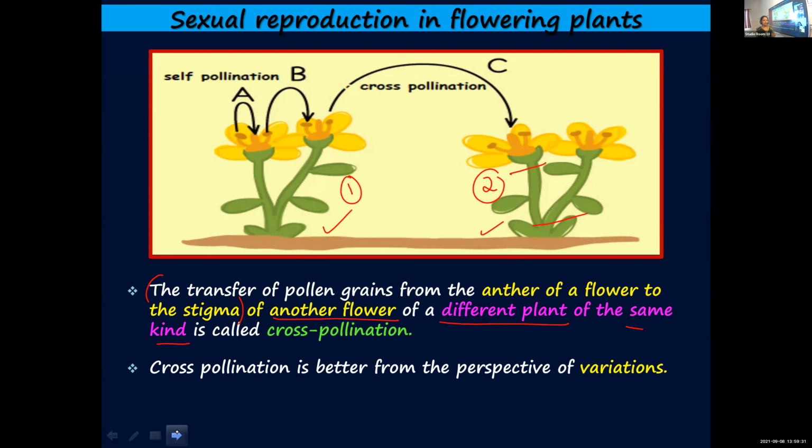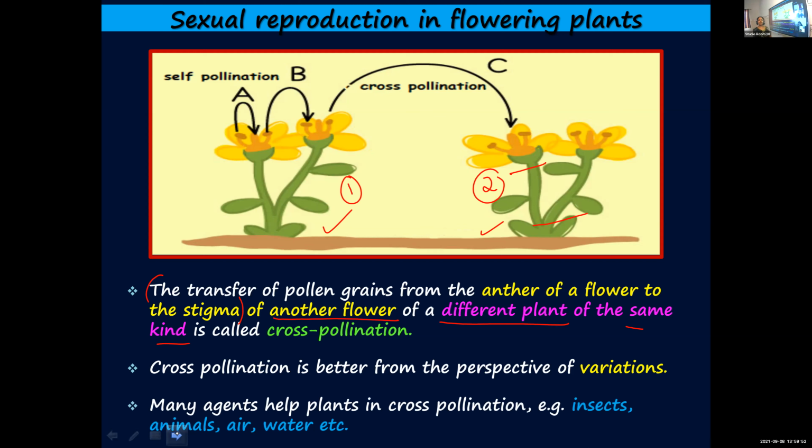Self and cross-pollination both lead to sexual reproduction. But in self-pollination, just one plant is involved, and in cross-pollination, two plants are involved. So the chances of variations are more for cross-pollination.